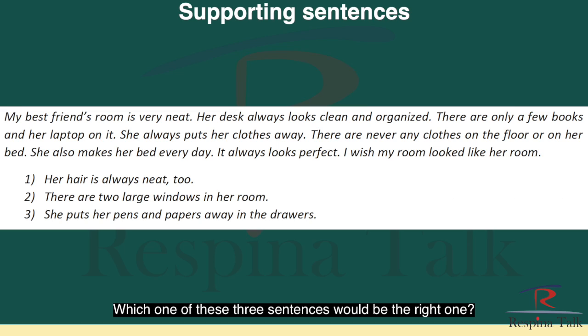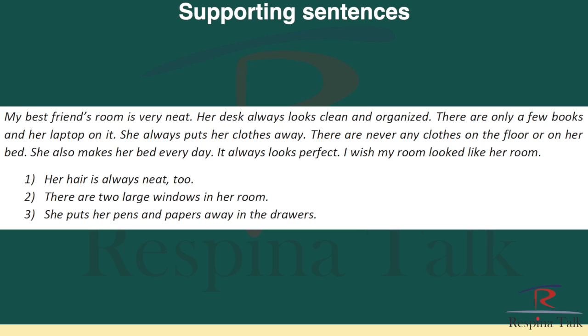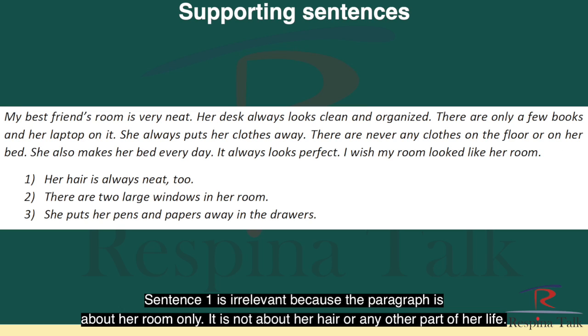Now, which one of these 3 sentences would be the right one? 1, her hair is always neat too. 2, there are 2 large windows in her room. Or 3, she puts her pens and papers away in the drawers. Now, sentence 1 is irrelevant because the paragraph is about her room only.